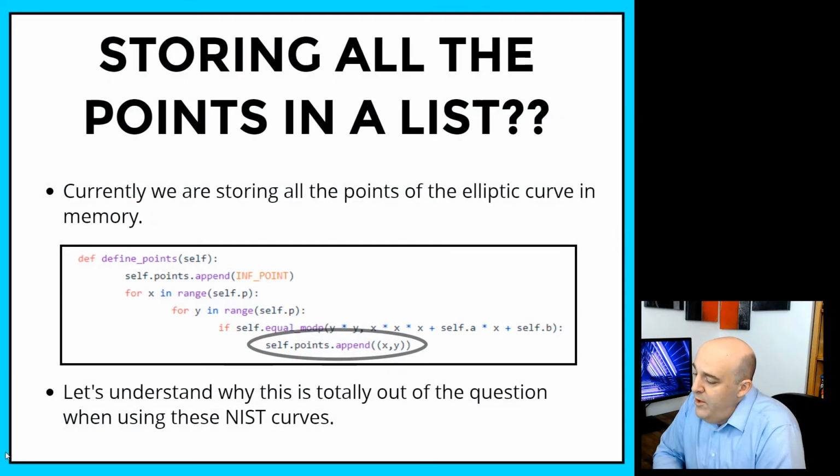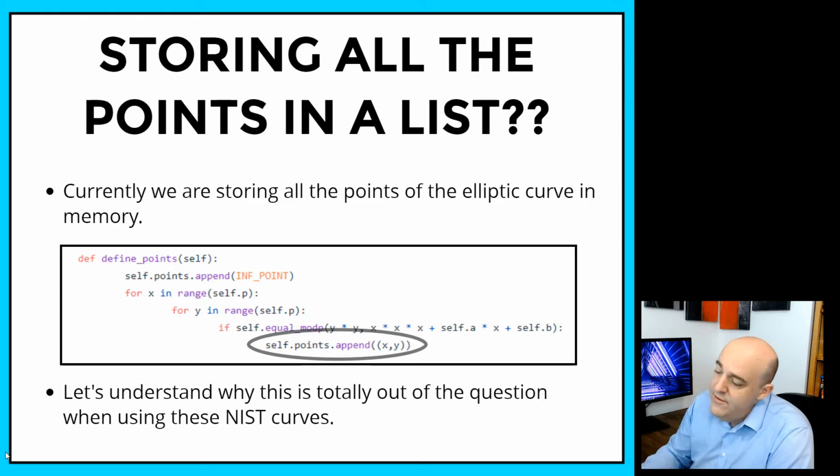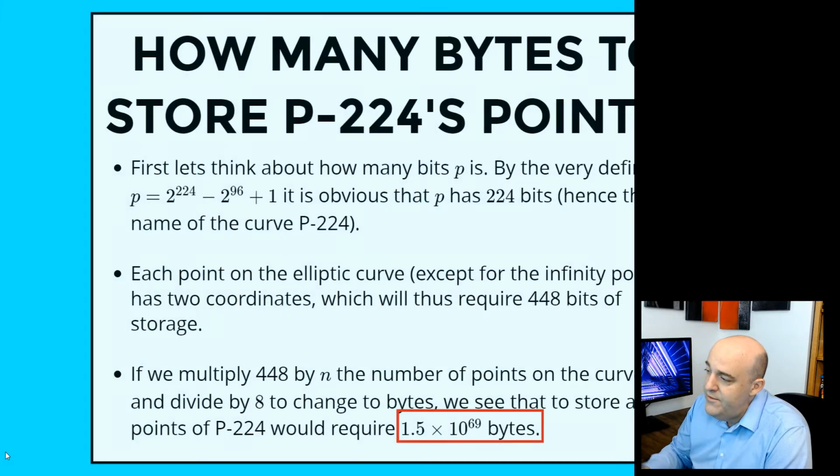And another big problem is we cannot store all the points of this elliptic curve in a list. When the prime is small, yeah, you can do that. But once the prime gets to be large, like on these NIST curves, there is no way that we can store all the points in a list. And just to clearly see why that is, let's think about that for a sec.